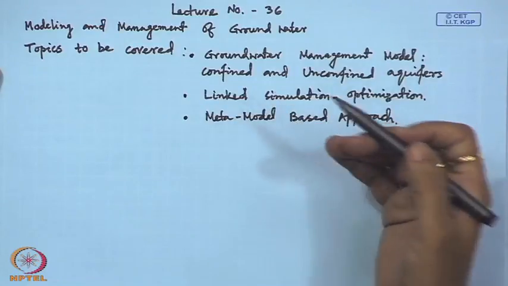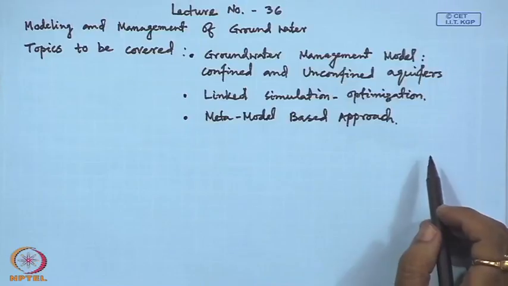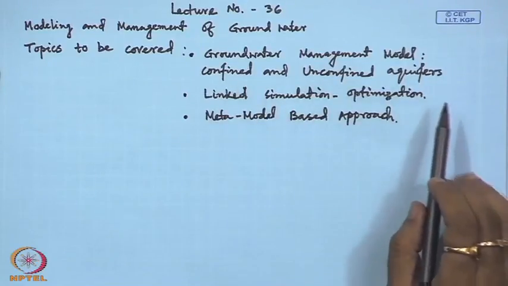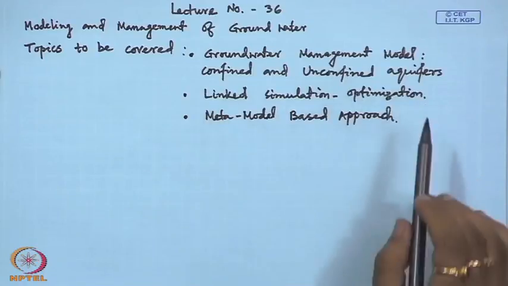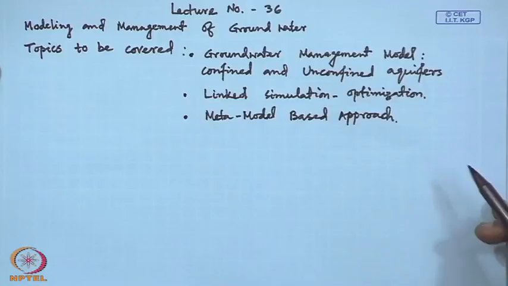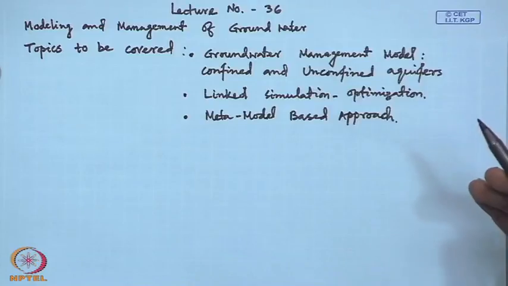In the last lecture, lecture number 35, we talked about the groundwater management model for confined aquifers, that is, confined aquifers with one dimensional flow situation under steady state condition.